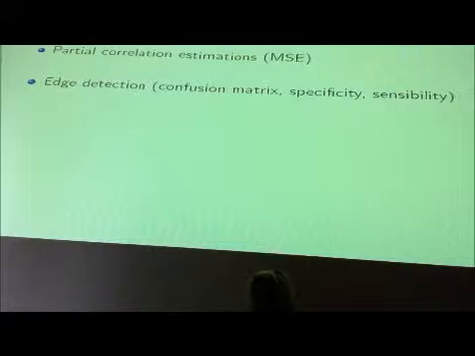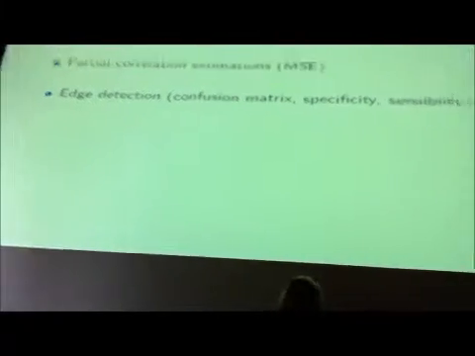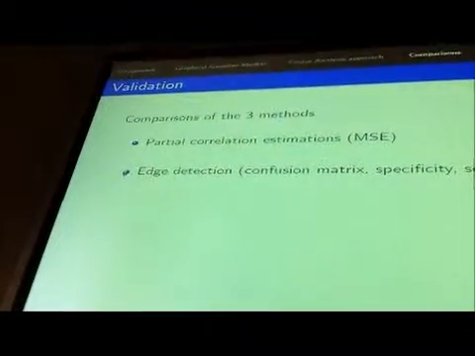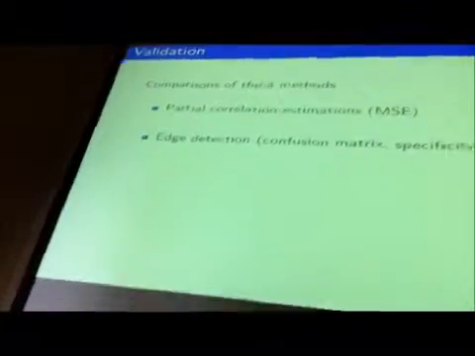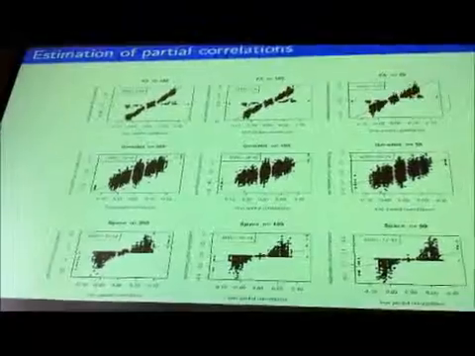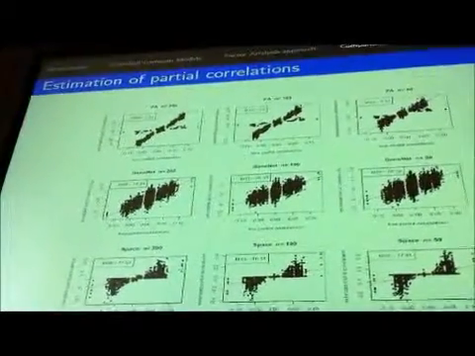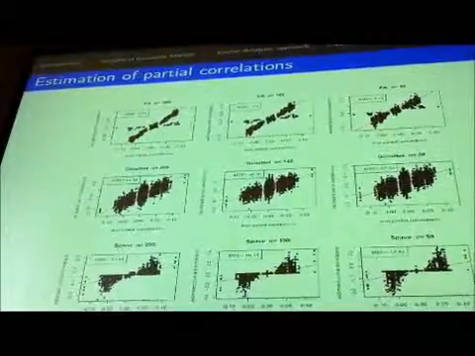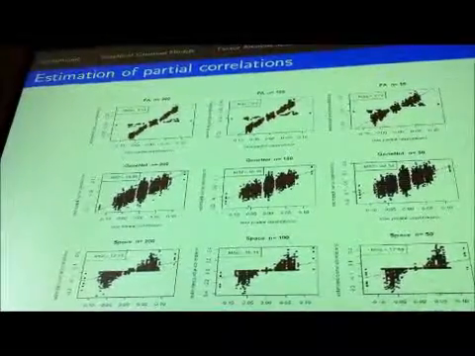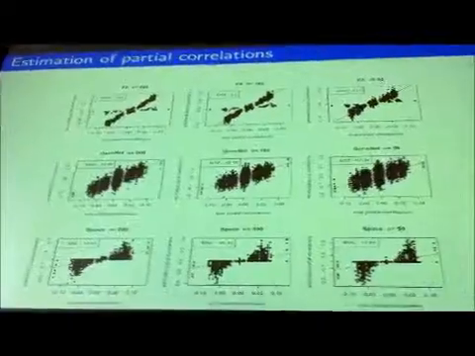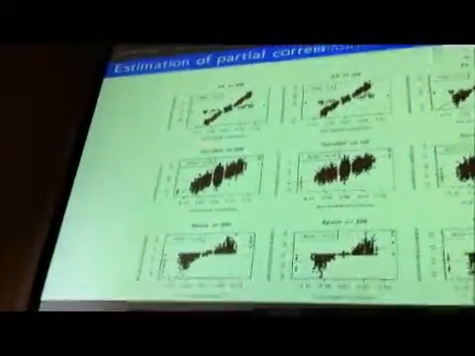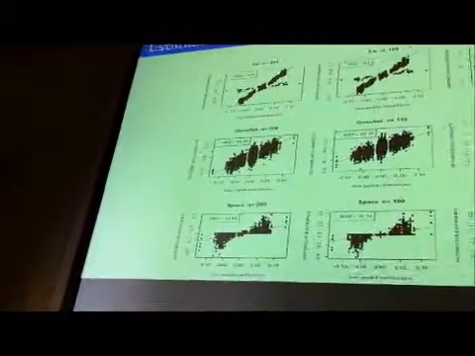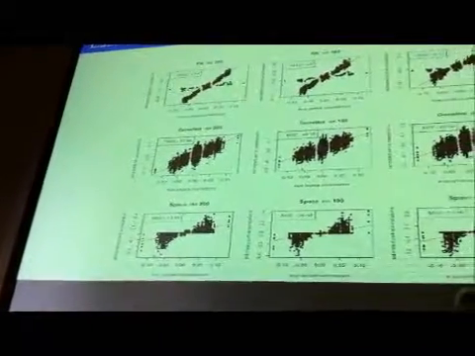And we compare the 3 methods in terms of partial correlation estimation and in terms of edge detection. First of all, the estimation of the partial correlation. I reported here on this graph the estimated partial correlation versus the true partial correlation for our method, the GNet method and the Sparse method, for each sample size.